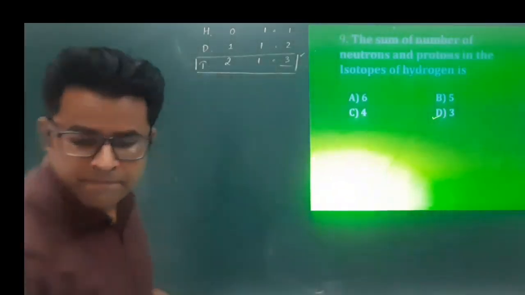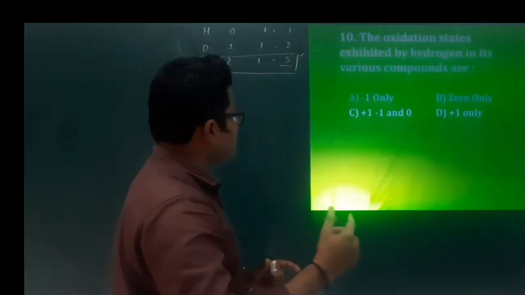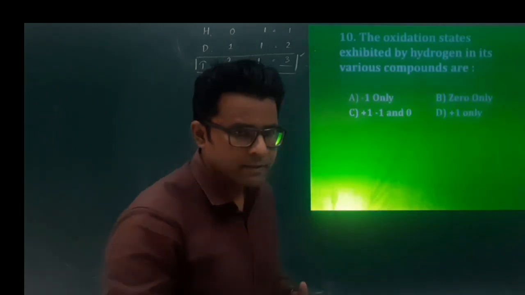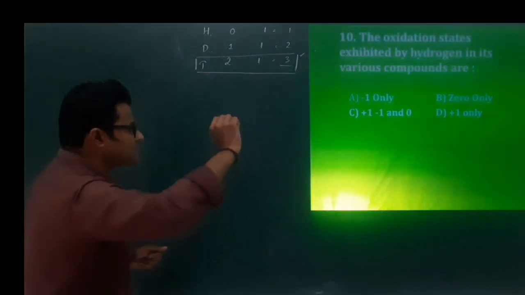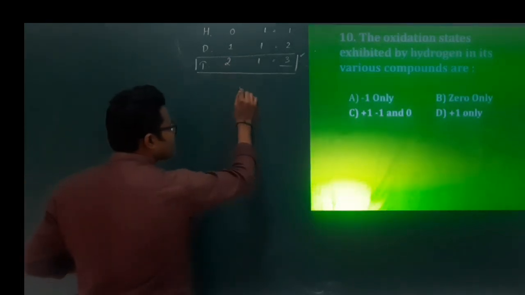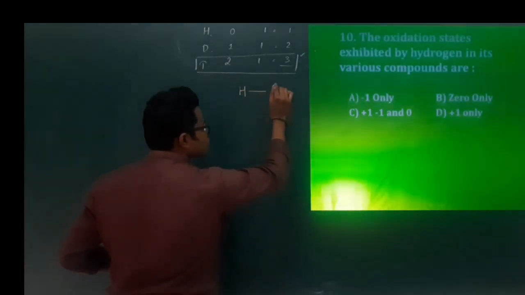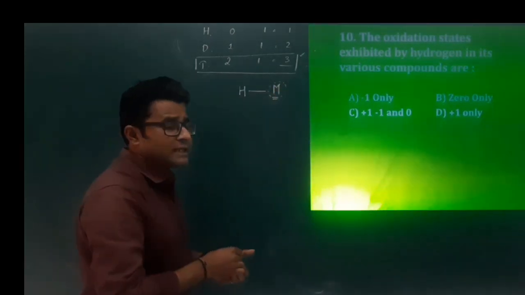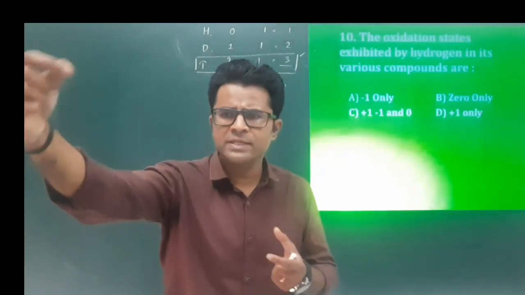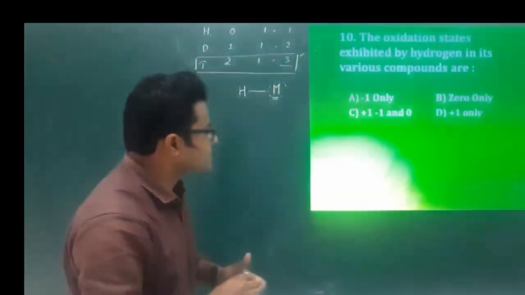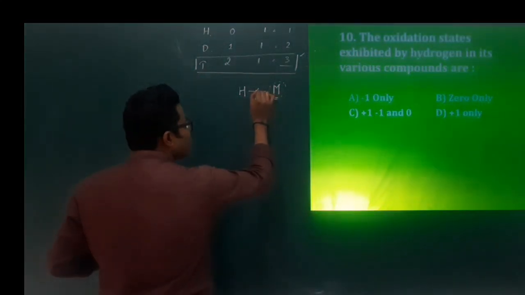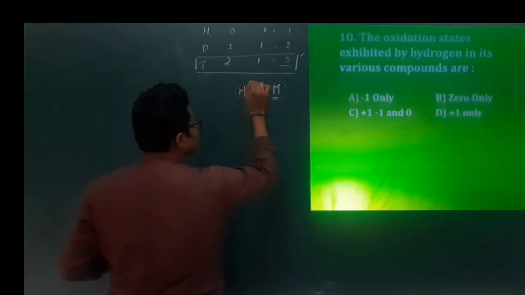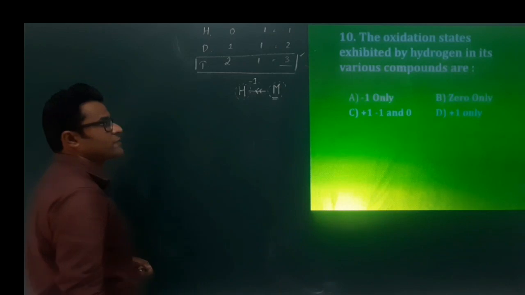Moving towards question number 10. The oxidation states exhibited by hydrogen in its various compounds are. Now, first try to understand this simple fact. Whenever we have hydrogen connected to, let's say, a metal, the metal is an electron donor. That means it gives the electron to something attached to it. In such cases, the electrons move towards the hydrogen, thereby this hydrogen will develop -1 charge.